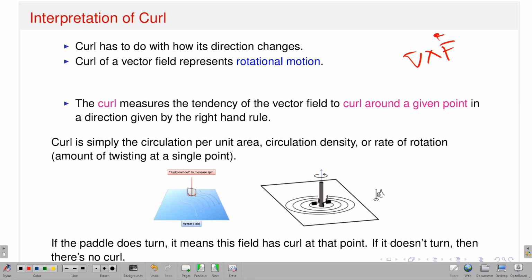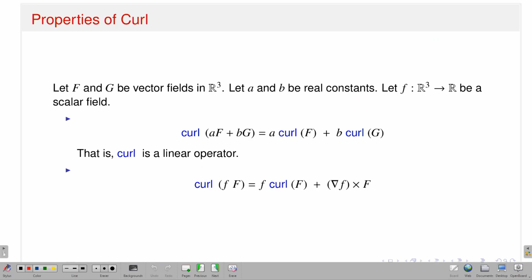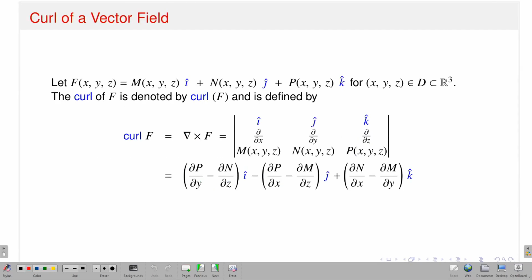I already discussed the interpretation of curl, but let me just recall the definition once again. The curl of a vector field capital F, with the notation curl of F, is nothing but the operator del cross F, and I already explained the definition of the cross product.